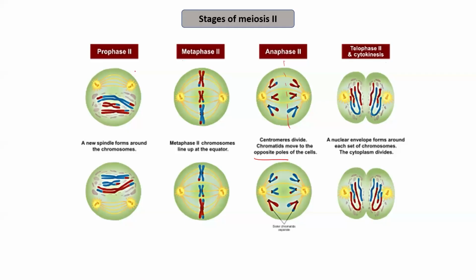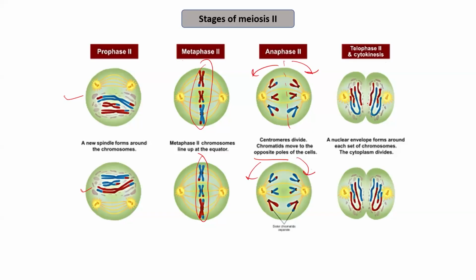So in prophase 2, a new spindle forms around the chromosomes, as we can see. This is the result of meiosis 1, and this is happening in both the cells. In metaphase 2, these chromosomes get aligned at the equator, and in anaphase 2, the two sister chromatids get separated from each other, moving towards the opposite poles.